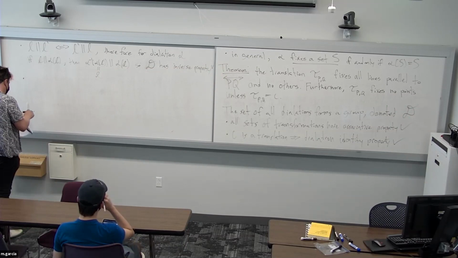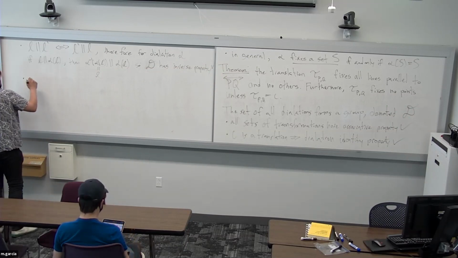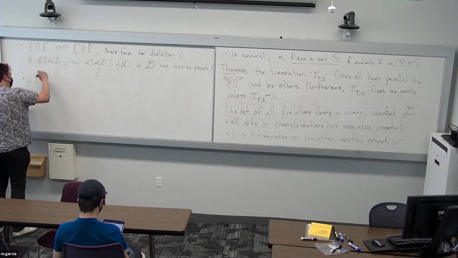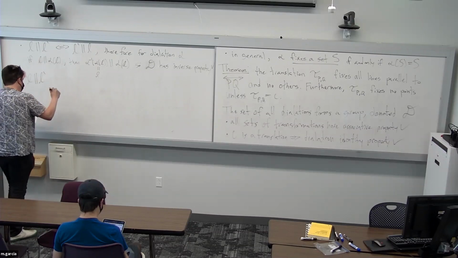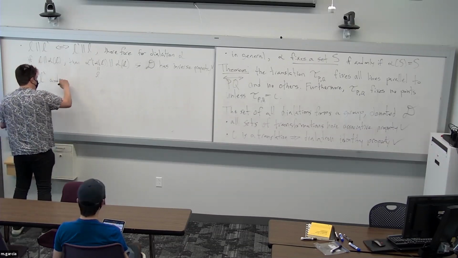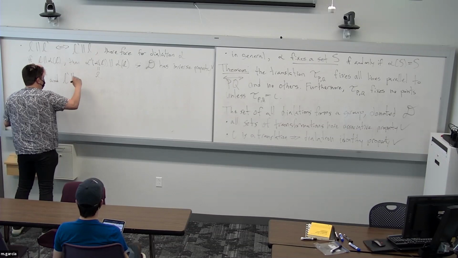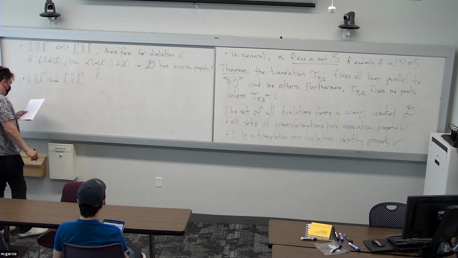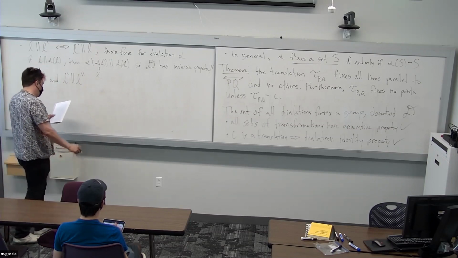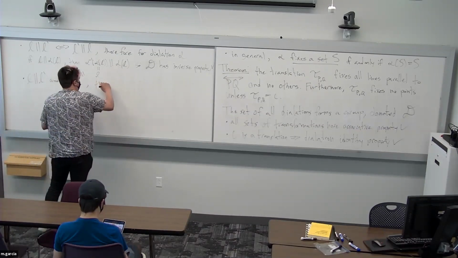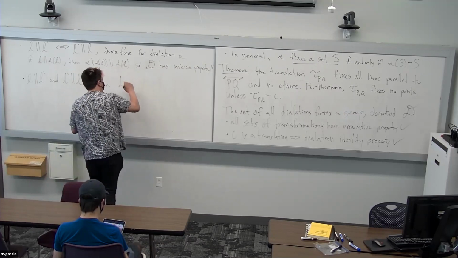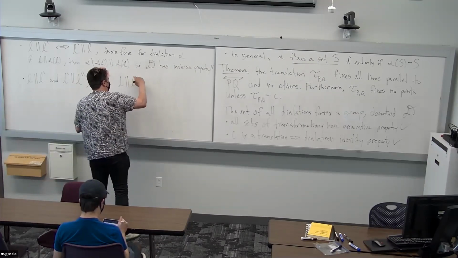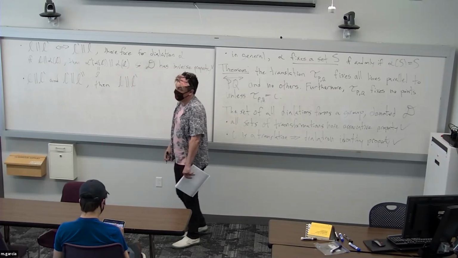Now, what about closure? So for closure, if we take two parallel lines, L and L prime, and a third line, L double prime, which is parallel to L prime, then we must have L is parallel to L double prime.